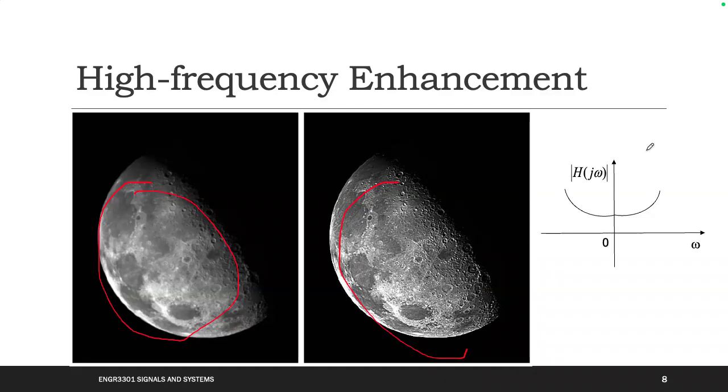Am I right? So we apply high pass filtering and then get this sharp image. That makes sense to you? This is just for image processing, but many areas use high pass filtering and low pass filtering with a similar idea. Any questions so far?